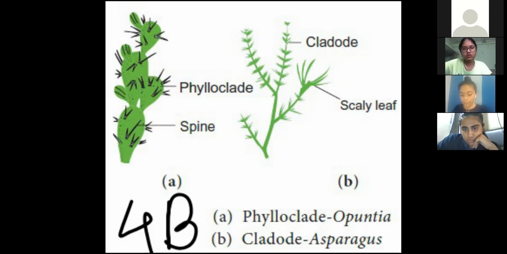First, in phylloclade the main axis plus branches are modified into a leaf-like structure. In case of cladode, only the branches are modified into a leaf-like structure, not the main axis. Example, asparagus. In the first one, that's Opuntia. All of you clear?